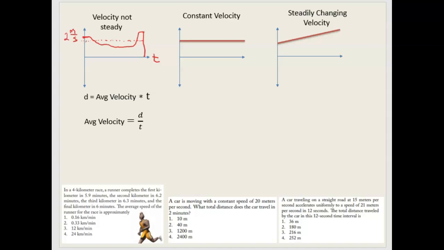Now, a second situation that occurs a lot is when they say you're moving at a constant speed or a constant velocity. Just be sensitive to this word.